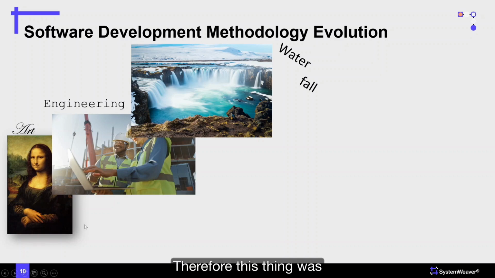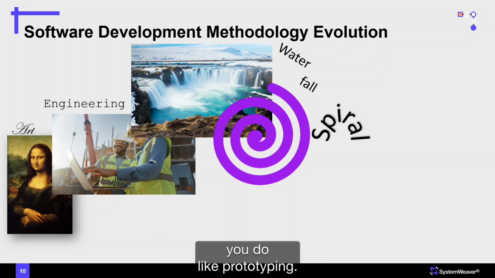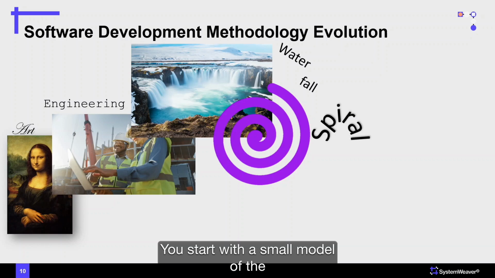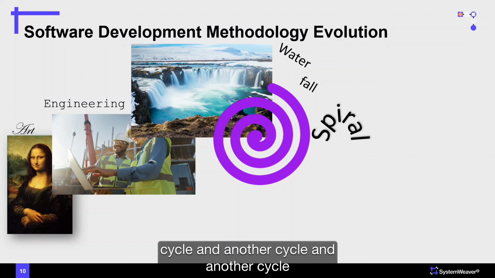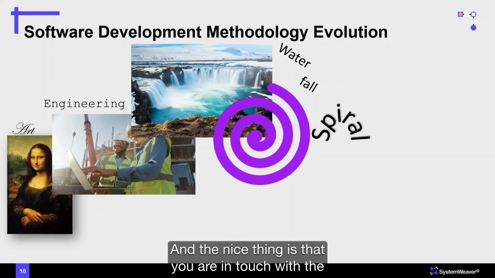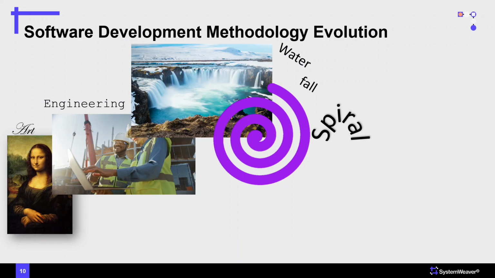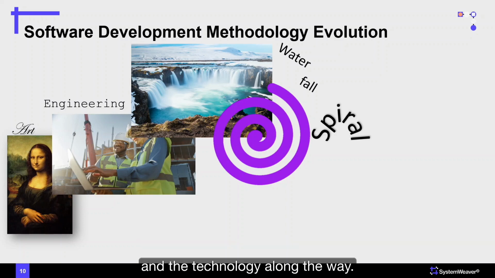Therefore, this was scrapped and we moved to Spiral. Spiral is very nice because you do prototyping. You start with a small model of the system and then you develop another cycle and another cycle and another cycle. And the nice thing is that you are in touch with the customer and you adjust the needs and the requirements and the functionality and the technology along the way.